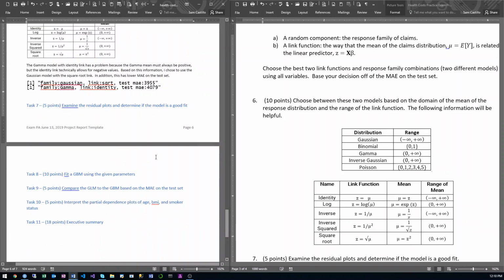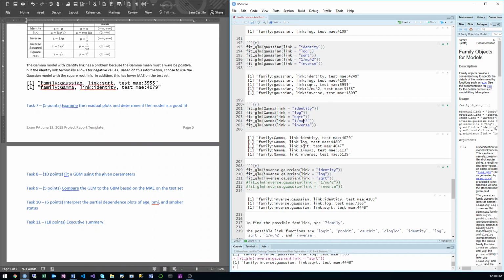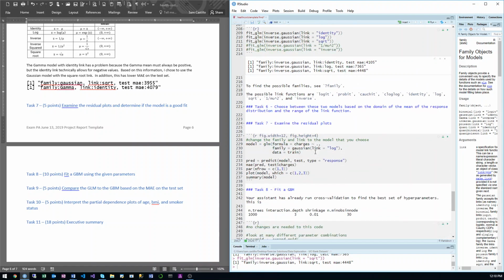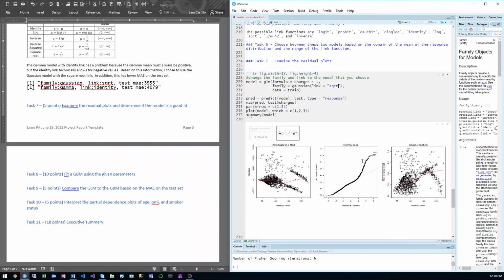Okay, task 7. Examine the residual plots to determine if the model is a good fit. So here I need to change this to Gaussian square root, because that's the model that I wanted to use. And then here are the residual plots.